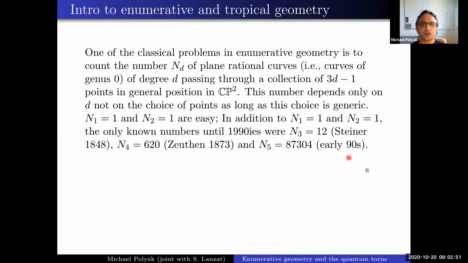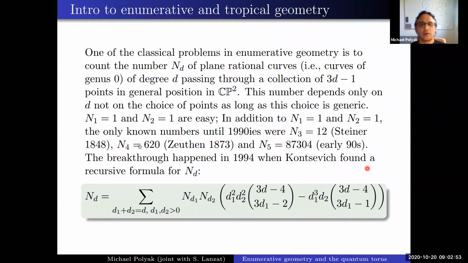Now the situation changed significantly when Kontsevich found a certain recursive formula. It doesn't matter what exactly this formula is, it just calculates for you this number of curves using the known numbers for lower degrees.